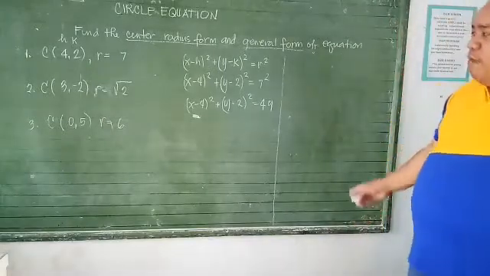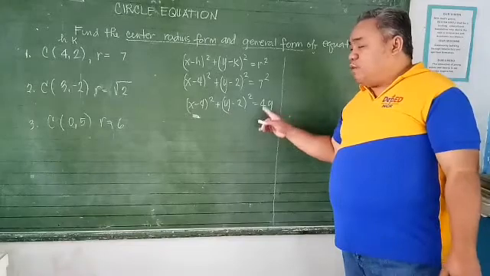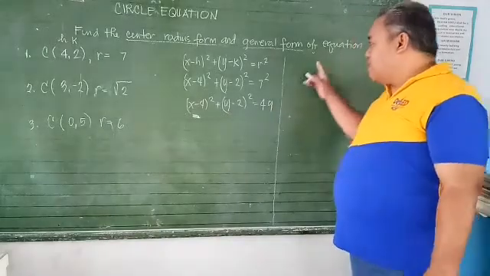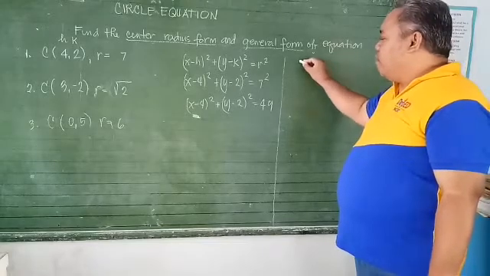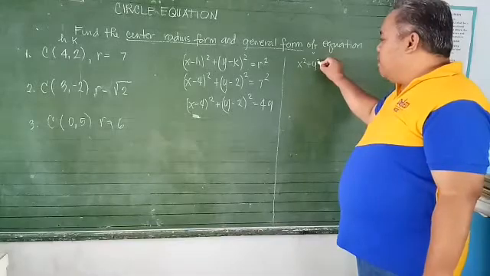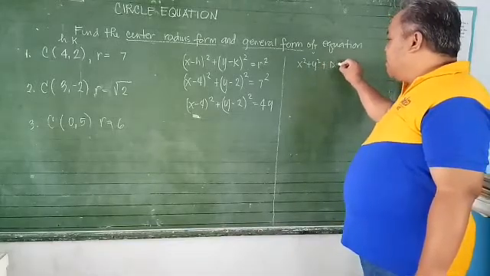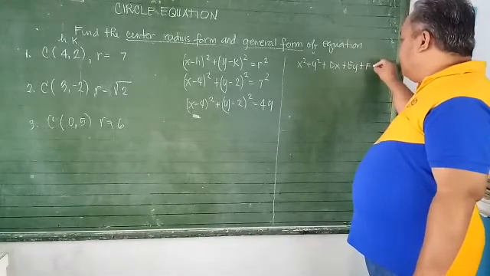Now, to make this what we call a general form, all you have to do is to expand. Okay, let's expand here in the general form. What is the general form equation? The general form equation is x^2 + y^2 + Dx + Ey + F = 0.